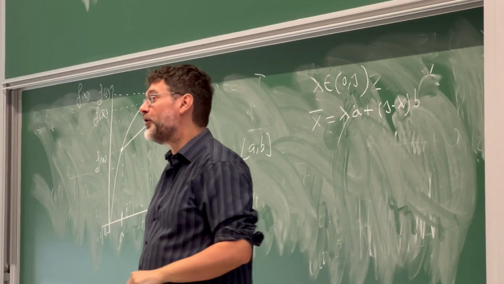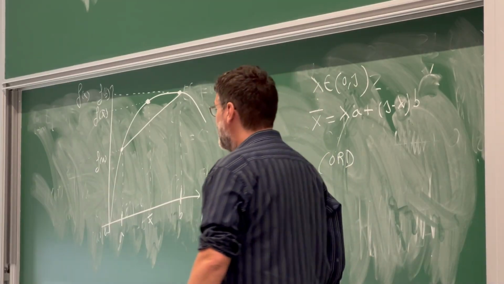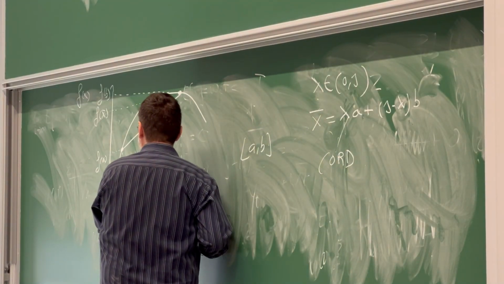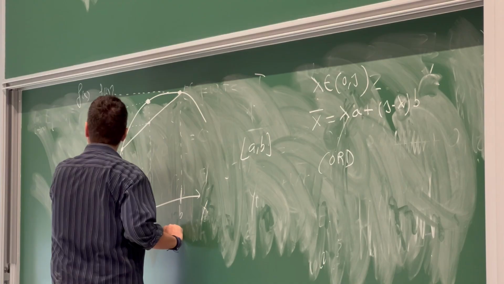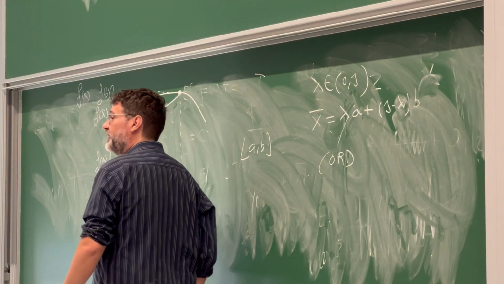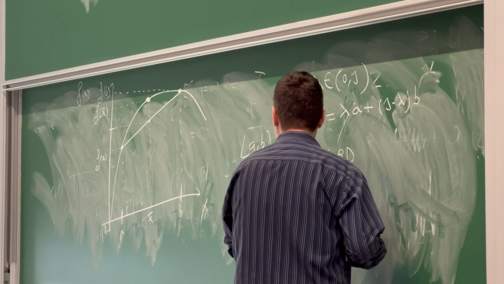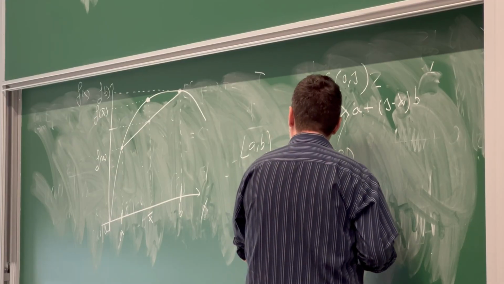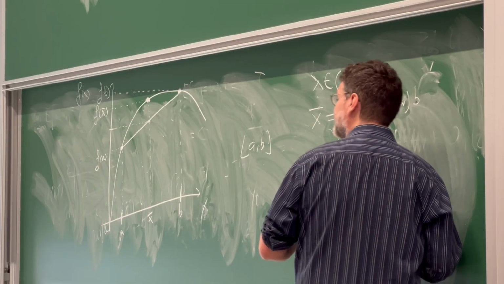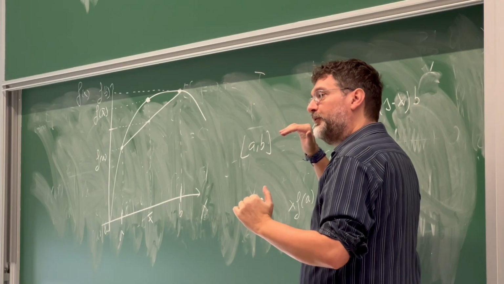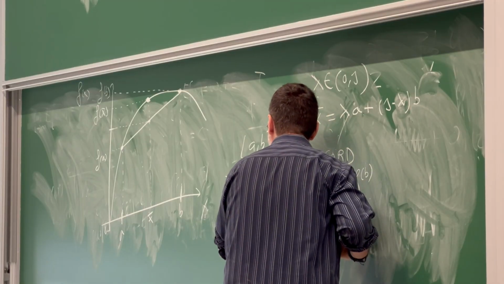This is called a chord, linking A and B. I'm taking my midpoint up to here. I'm finding this point here. This point here is lambda f(A) plus 1 minus lambda f(B). Is the middle point between f(A) and f(B), given your choice of lambda. So I'm going to call this guy f bar.